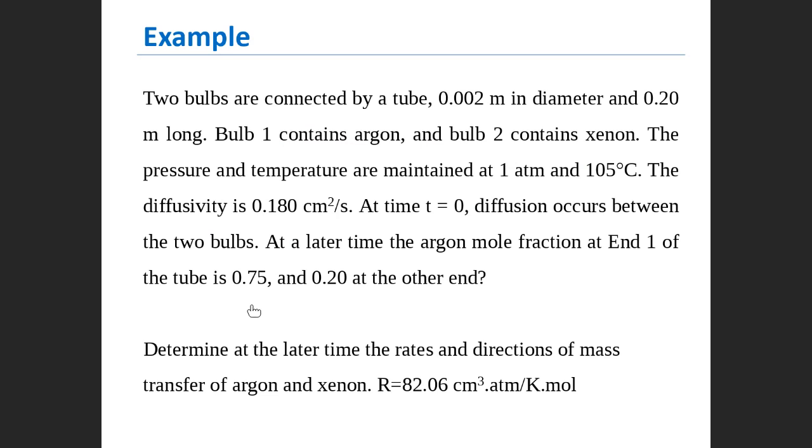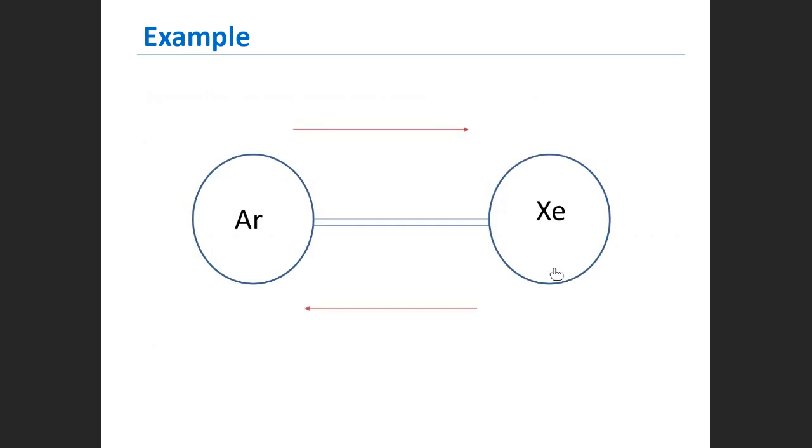It reduced to 0.75, and at the other end, it will be 0.2. That means here 0.2 argon, 0.8 xenon. The other one is 0.75 argon, 0.25 xenon. This is what it implies. So he wants you to calculate the mass rate and the direction.